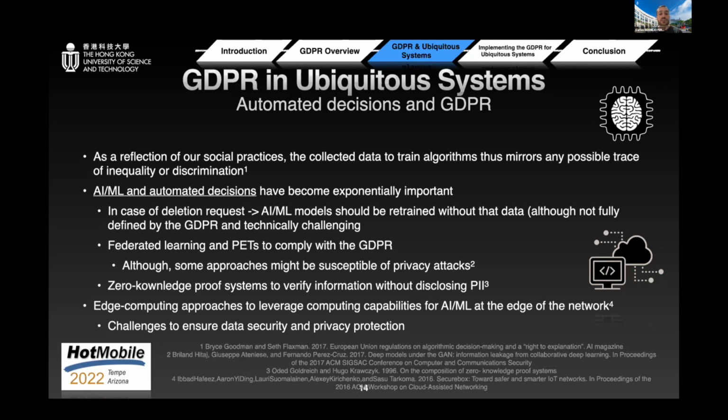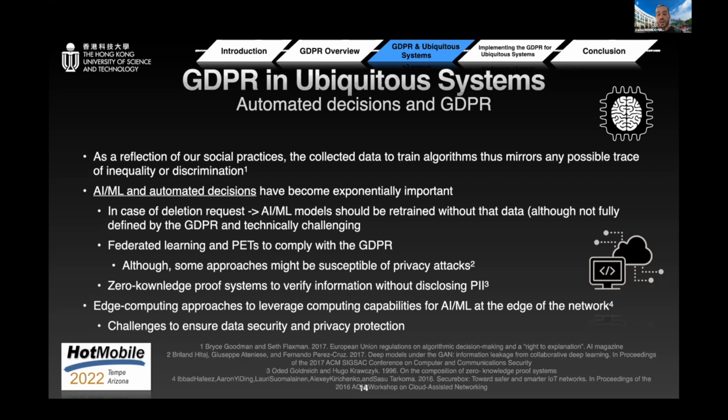In the case of deletion, for example, there is already a problem that is not exactly tackled by the GDPR. There has been proven work showing that systems that have been trained have some memory regarding the input data. Therefore, there are attacks that can infer personal information about the persons who have been used to train the model.